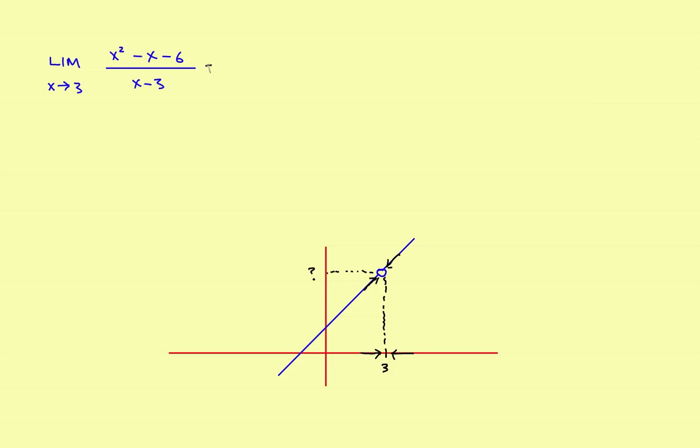Now, if you've got a problem like this, try to plug the number in first. If you can't plug it in, then your next step is to factor it and see if you can cancel something out. So let's try that. This would be the limit as x approaches 3. And go ahead and factor this top thing. So this will factor into x minus 3 times x plus 2, and it's going to be divided by, in the bottom you've got an x minus 3.